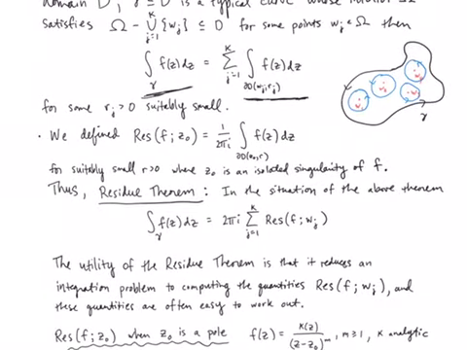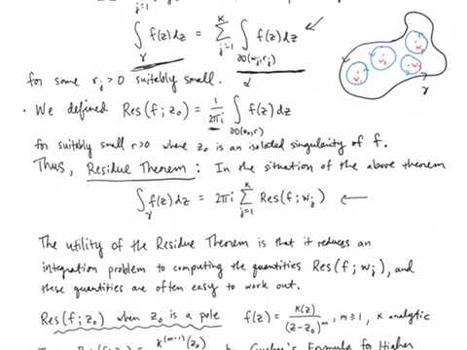Comparing this integral and that sum, we just have this factor of 1 over 2 pi i that's different. So if we insert the definition of residue into the previous equality, we get this result down here: the integral around that curve gamma is equal to 2 pi i times the sum of the residues at each of those singular points.